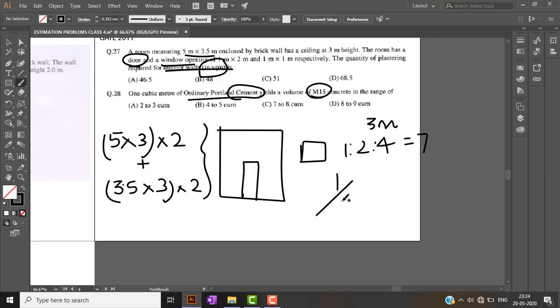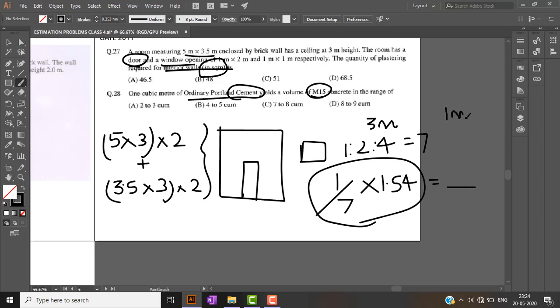Cement is 1 divided by 7 into the dry volume factor 1.54. Solving this equation, we'll get the cement required. This cement will yield 1 meter cube of M15 concrete.